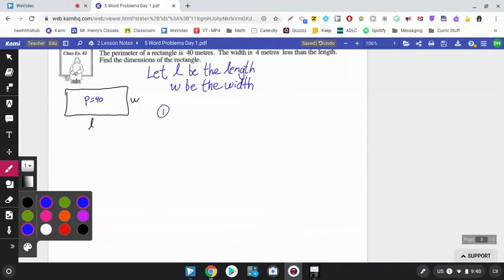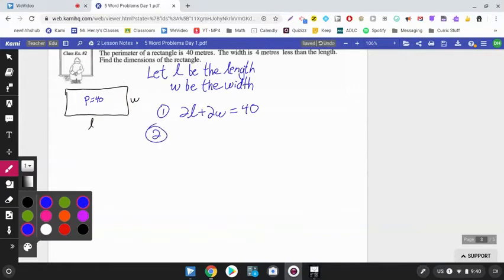Equation 1, 2L plus 2W equals 40. That's my perimeter. The distance around this rectangle has to equal 40. They gave me information about the rectangle. Other times, maybe they'd say the area is equal to 40, and you'd say, well, then length times width equals 40. So it's what information did they give me? Okay, equation number 2.